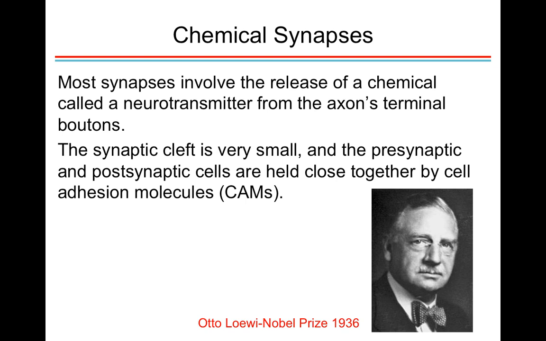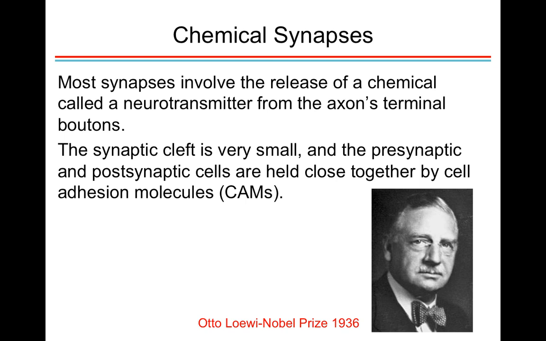Neurotransmitters were discovered by Otto Loewi, and he won the Nobel Prize in 1936 for this discovery. You don't have to memorize that, I'm just giving you a little piece of history. He was the one who discovered that nerves secrete neurotransmitters, and he studied how neurotransmitters affect the beating of a heart.